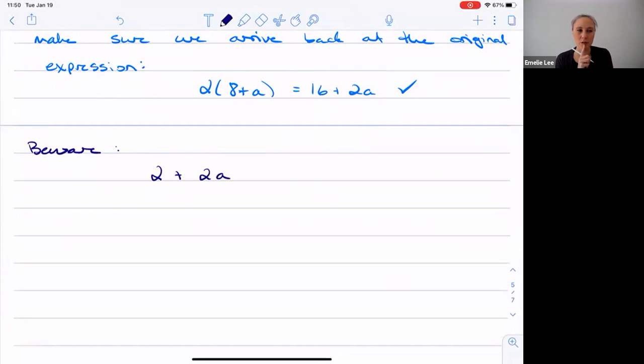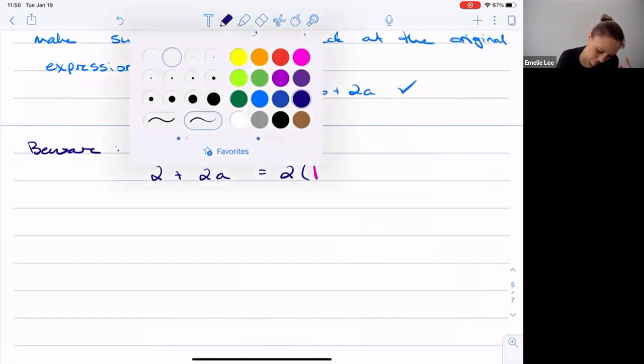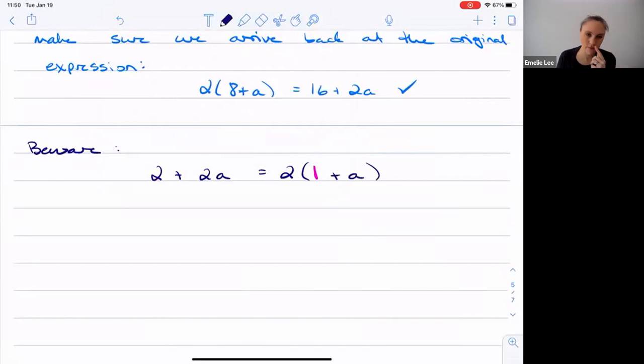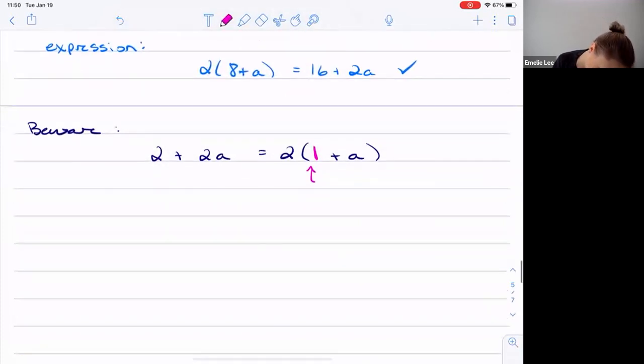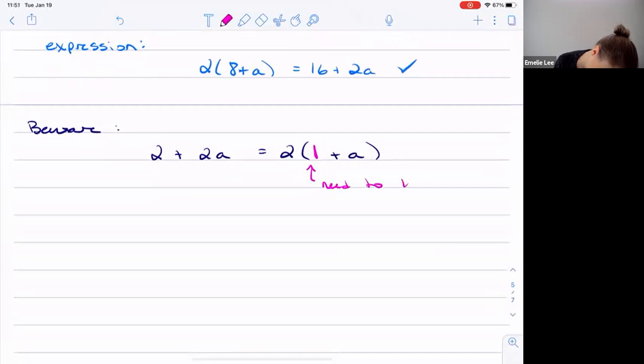What you're doing is you're still extracting that common multiple of 2, right? 2 times, and moving a little bit faster here, but what I need to be aware of is that this is going to be 2 times 1, right? So you have to have this 1 plus a. So we need to keep that multiple of 1.